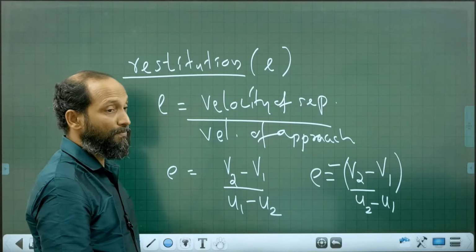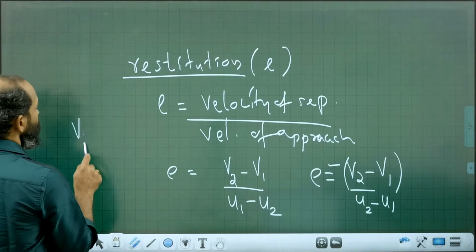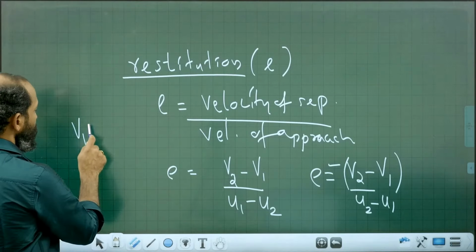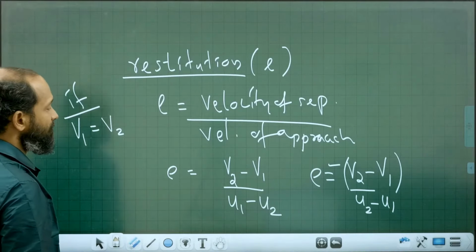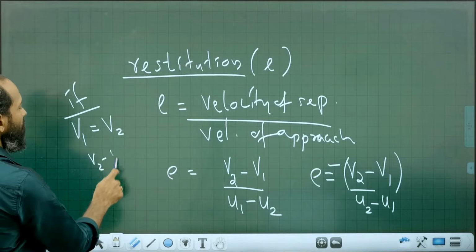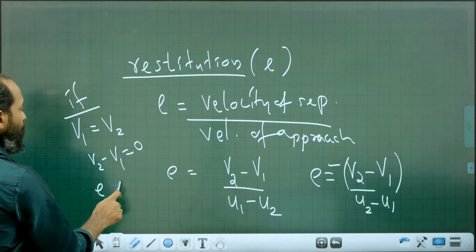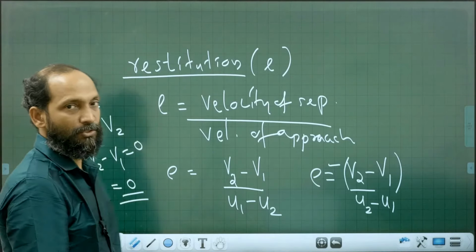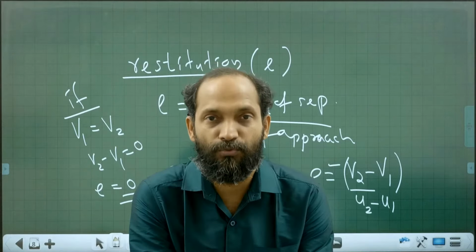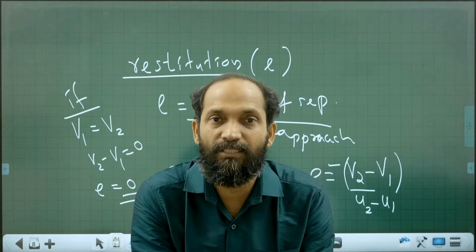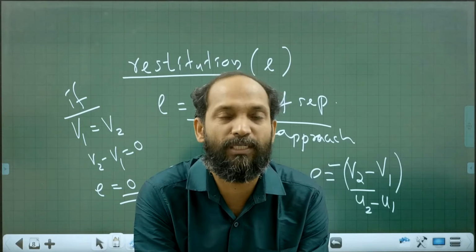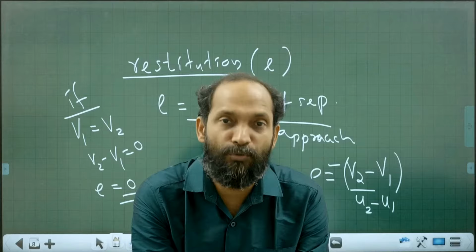Okay, for a perfectly inelastic collision, V1 is equal to V2. So V2 minus V1 becomes 0, so the coefficient becomes 0. If the restitution coefficient is 0, such a collision is called a perfectly inelastic collision, in which colliding bodies stick together or move together after collision.